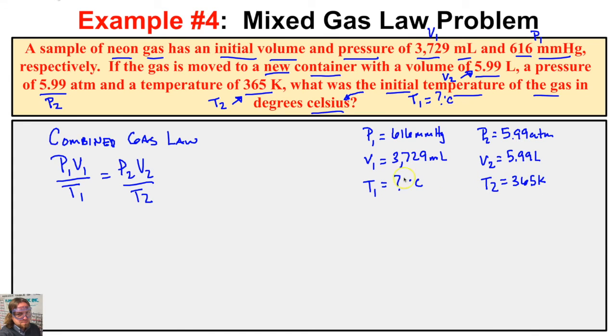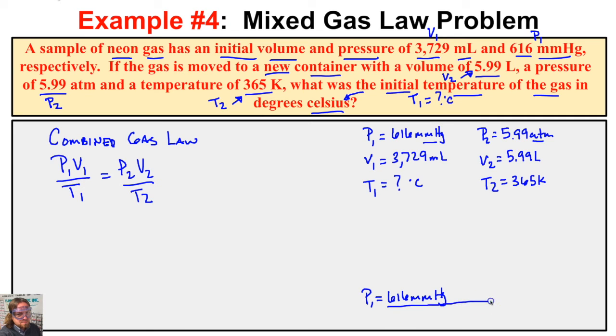And so there's a lot happening before we can even plug this stuff into the formula. If we take a look, our pressure units are different. This is millimeters of mercury, this is atmospheres. We need to make these both the same. And it doesn't matter if we use millimeters of mercury or atmospheres for the combined gas law problem. So let's go ahead and convert the millimeters of mercury to atmospheres. So P1 is equal to 616 millimeters of mercury.